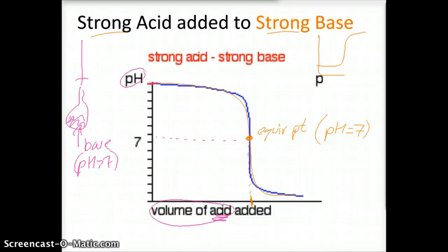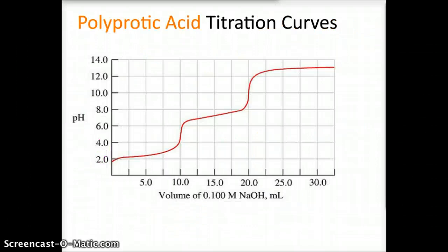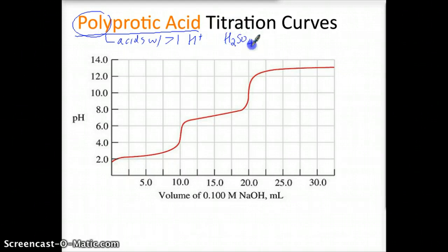The last type of titration curve we need to recognize is for polyprotic acids. Remember, these are acids with more than one hydrogen present. So an example could be H2SO4 or H3PO4, anything that has multiple hydrogens present. How do I know this is the titration curve for a polyprotic acid?